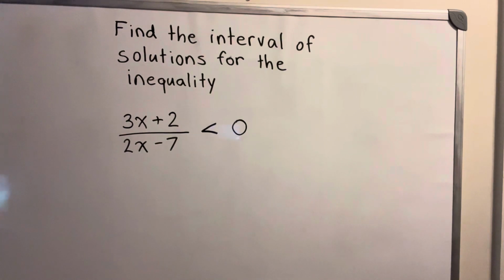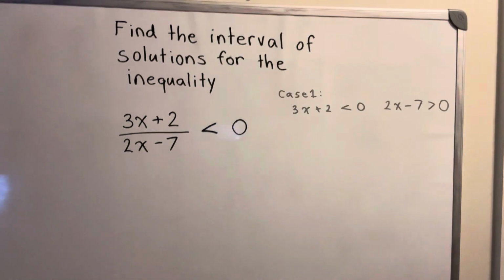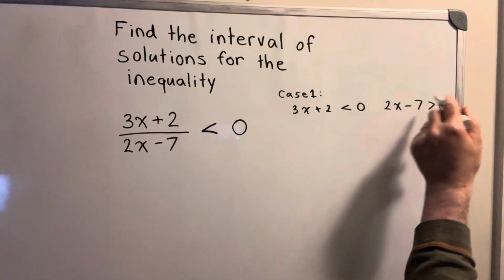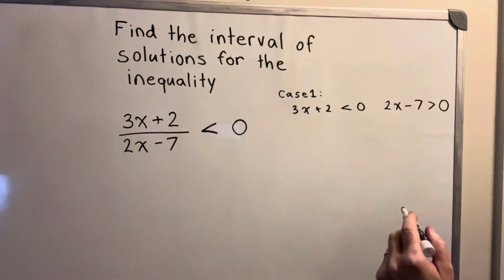You need one of them to be positive and the other to be negative. So that's what we'll look for. So case 1, we'll try to see if there's any value of x for which 3x + 2 can be negative and 2x - 7 can be positive. So I set these two inequalities up right here.